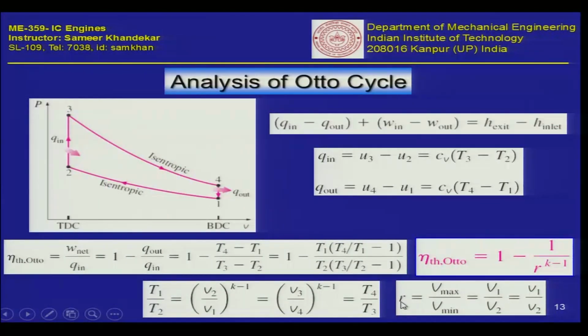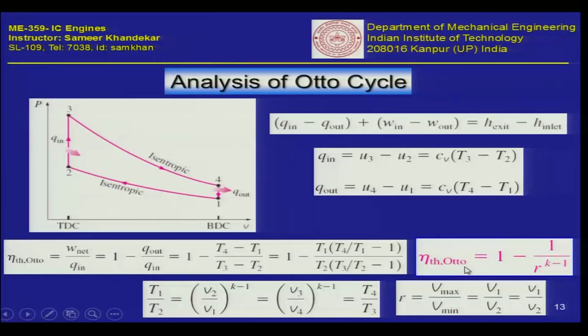If you substitute this in the equation we obtained for the efficiency, you will get a very good simplified expression for the efficiency of the Otto cycle, which is 1 minus 1 divided by the compression ratio to the power k minus 1, or gamma minus 1. So, an elegant expression for the efficiency of the Otto cycle comes.